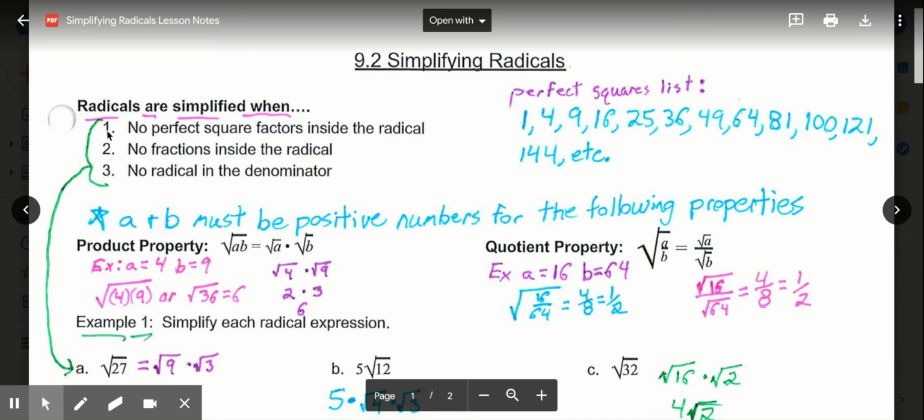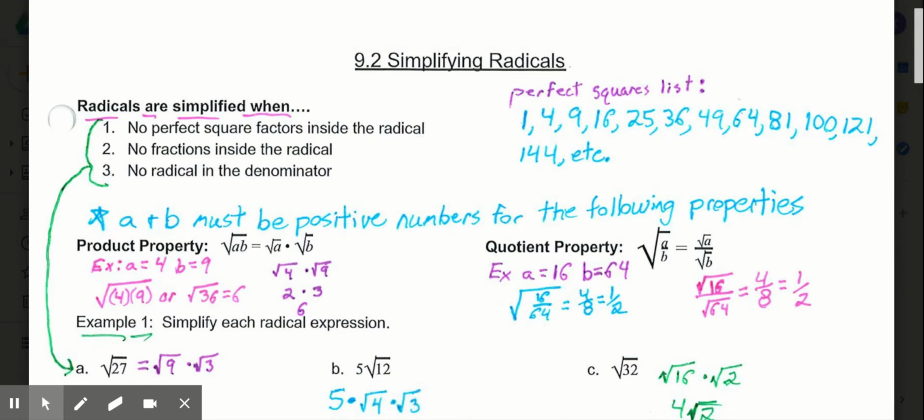First off, there cannot be a perfect square factor inside the radical, meaning a factor that can be divided by a perfect square. Your typical perfect square list would be over here. Perfect squares are numbers that, when we apply a square root, equal a whole number or a non-decimal.